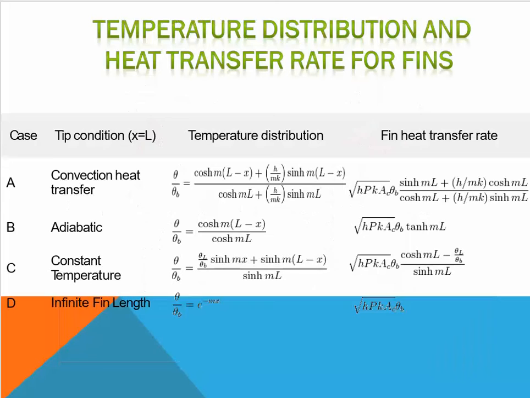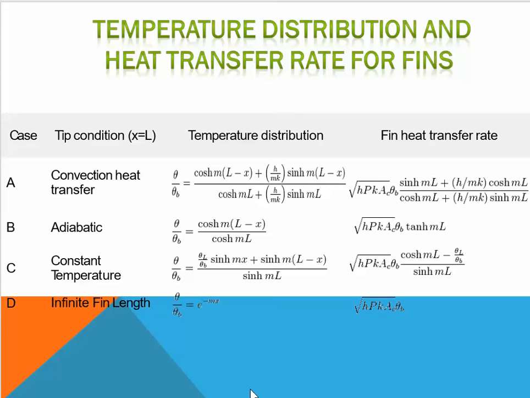Let's discuss the next topic: temperature distribution and heat transfer rate for fins. First, we have the convection heat transfer condition, in which the temperature distribution and the fin heat transfer rate are much higher. In the second, we have the adiabatic condition.